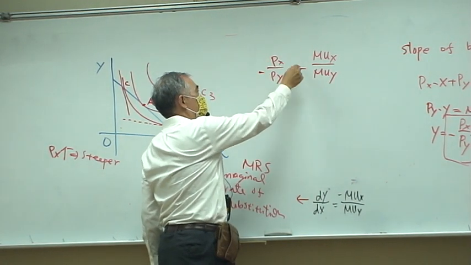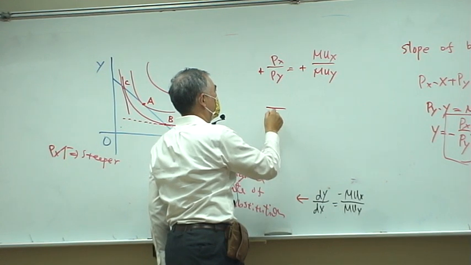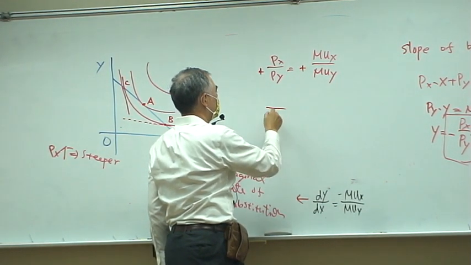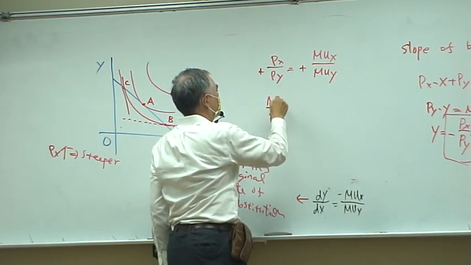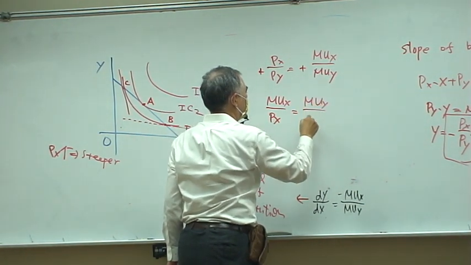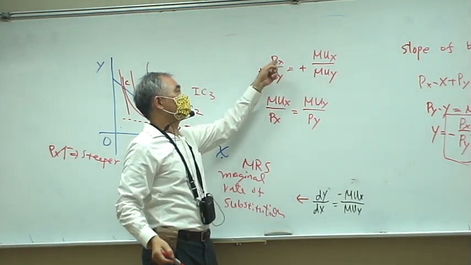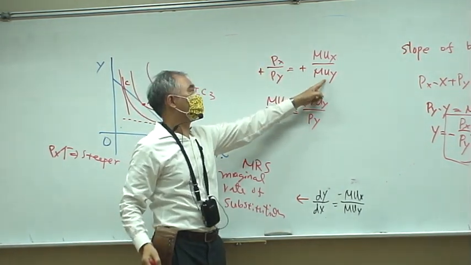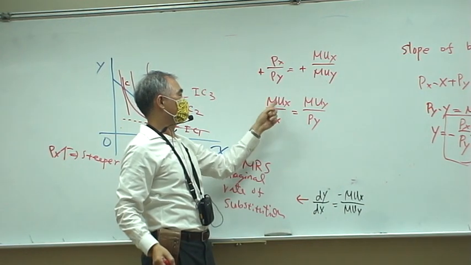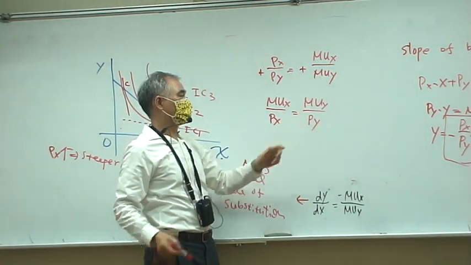So it is negative on both sides, so we get it to positive, and then you have Px over Py equals MUx over MUy. You just switch it: move this down there, and move this up there. So you have MUx divided by Px equals MUy divided by Py.